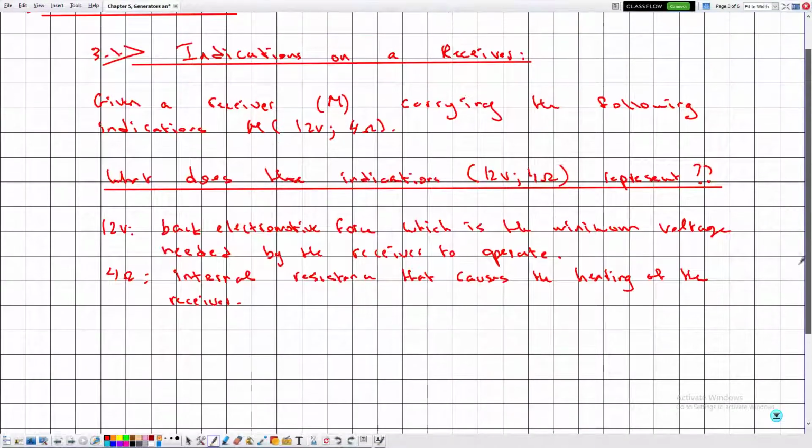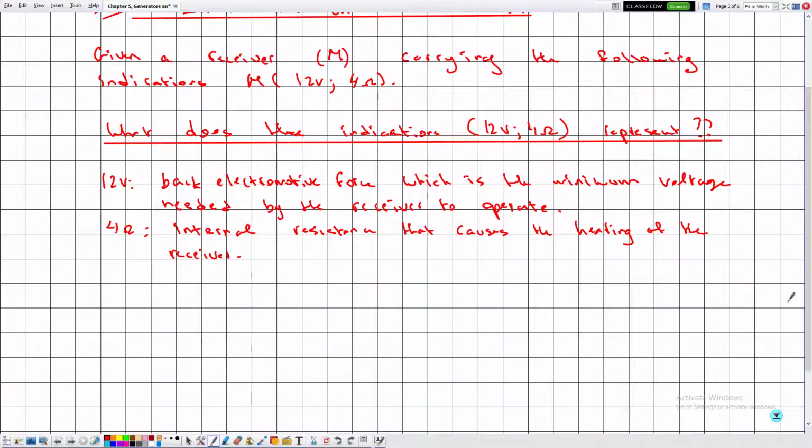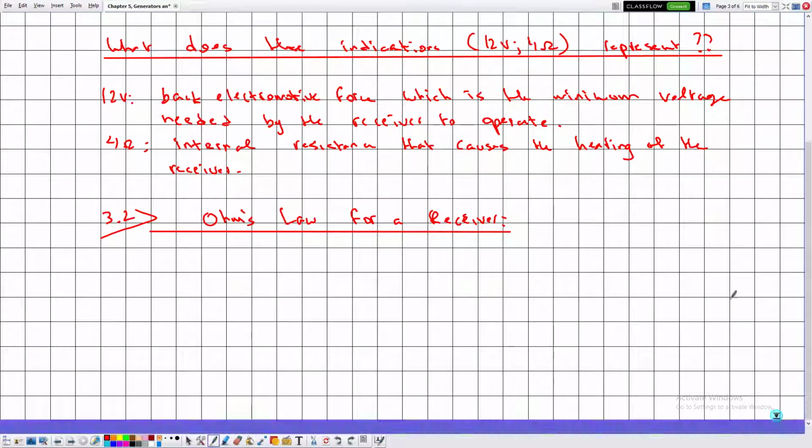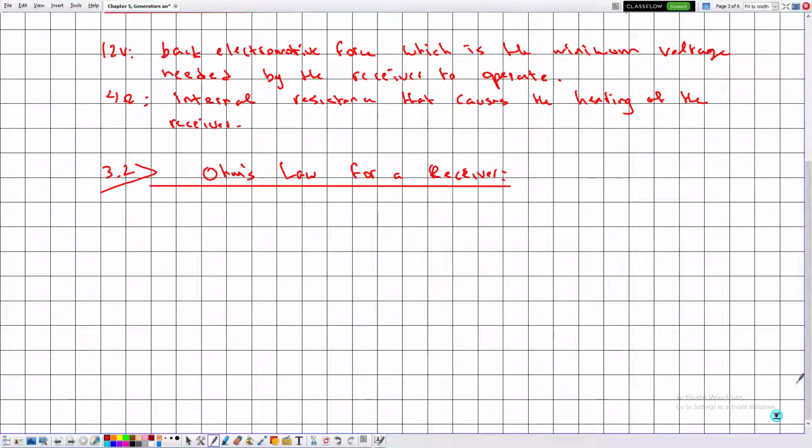Now, in order to illustrate more, we need to discuss Ohm's law, then section 3.3 and 3.2. Ohm's law for a receiver. And now suppose here that we have a receiver, and this receiver may be a lamp, maybe a motor, we don't know.